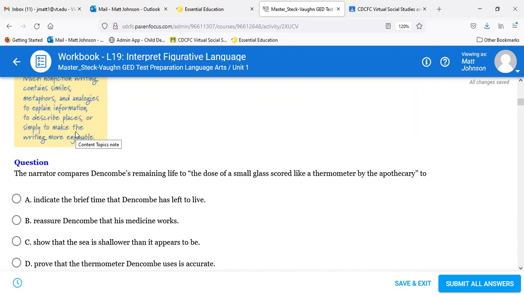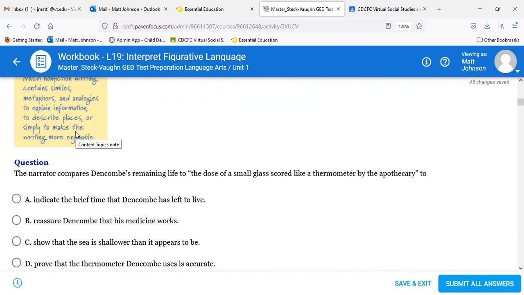B, reassure Dencombe that his medicine works. C, show that the sea is shallower than it appears to be. D, prove that the thermometer then can be used is accurate. A? Yeah, A. Very good.